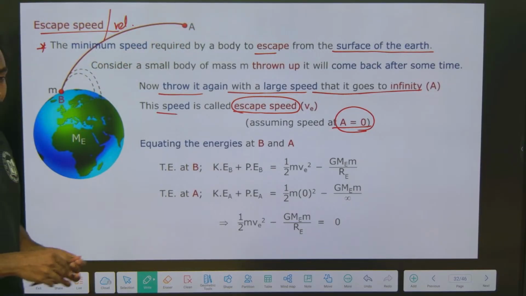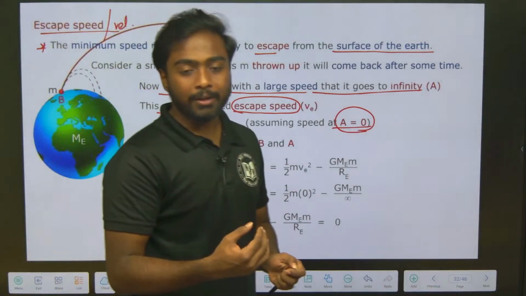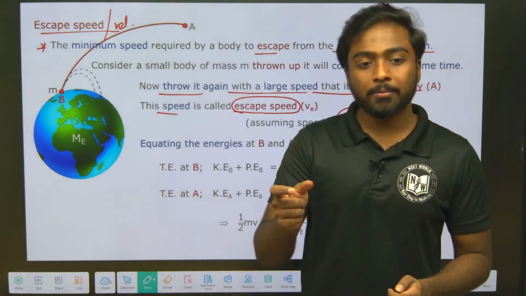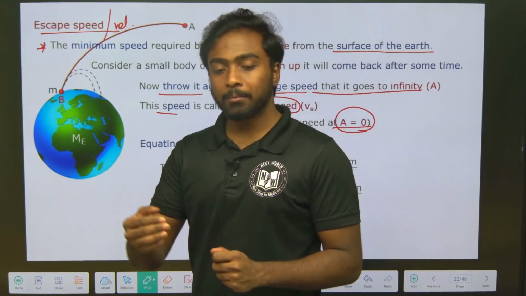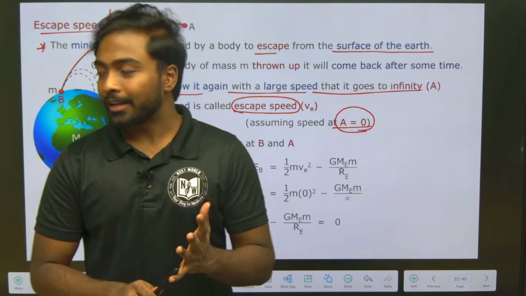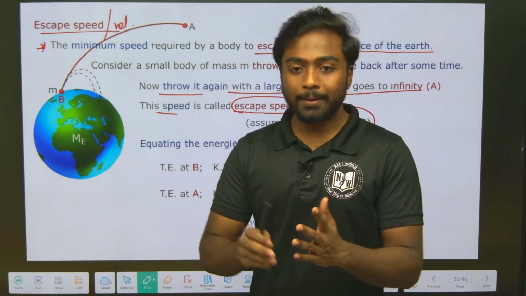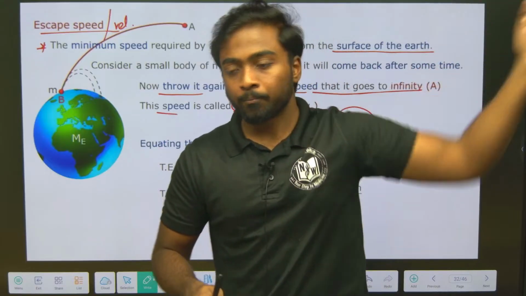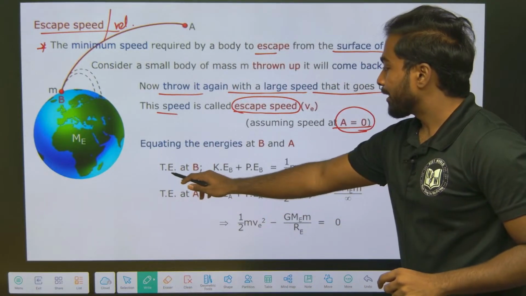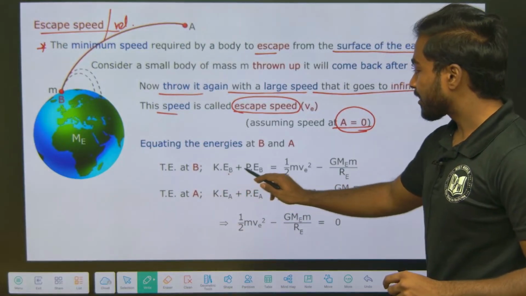Whatever we are calculating, we will calculate in terms of energy conservation. Energy conservation means the total energy at the earth's surface will be the same at the other point also. So total energy at B is kinetic energy plus potential energy.